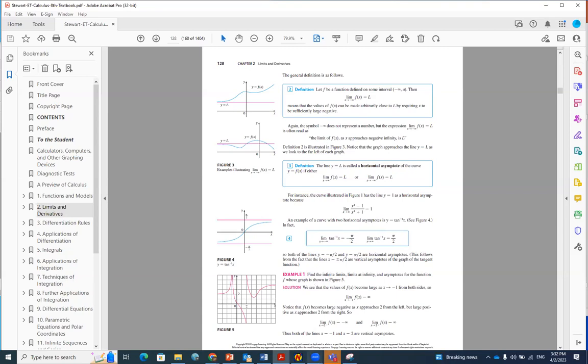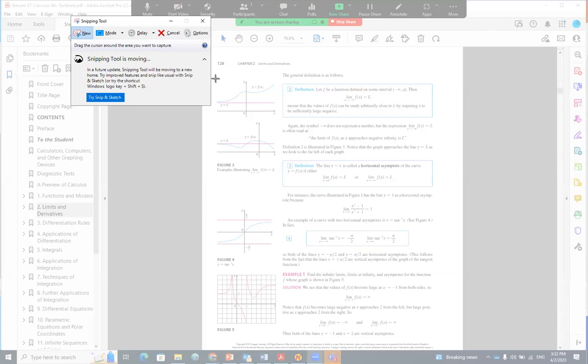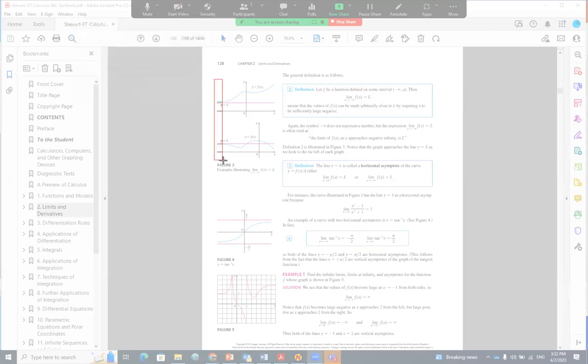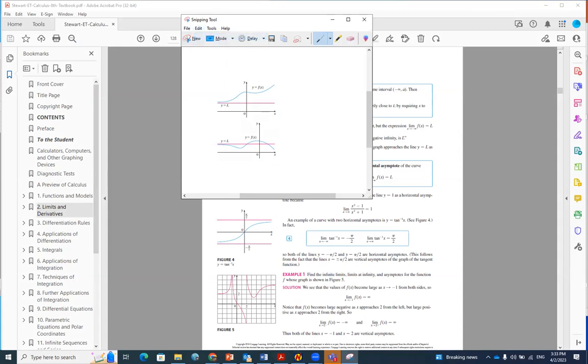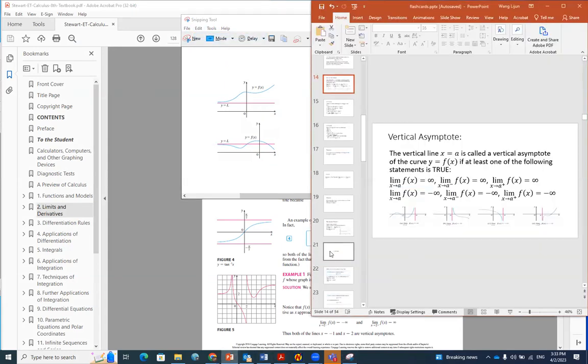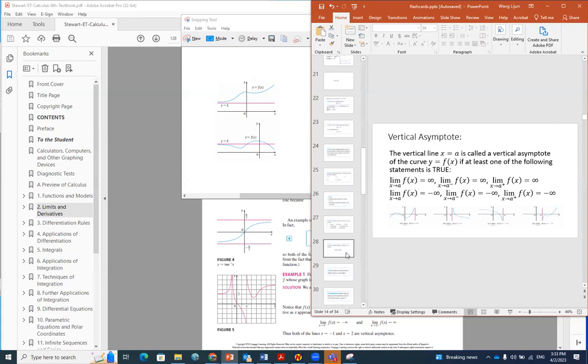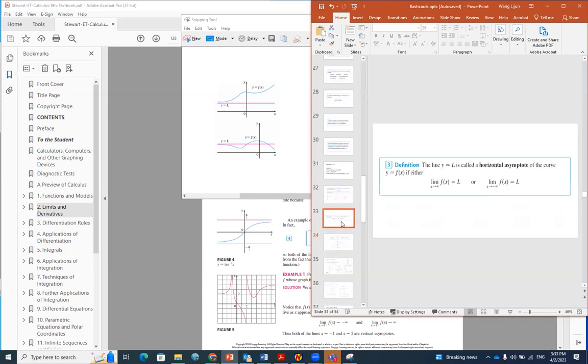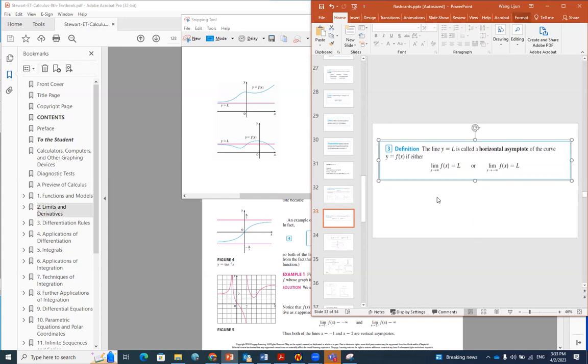There we go. So I'm going to put those in the picture. Horizontal asymptote, that case or the other case. Here's horizontal asymptote. I'm going to put this next to it.